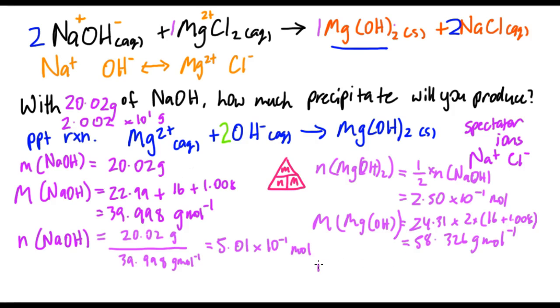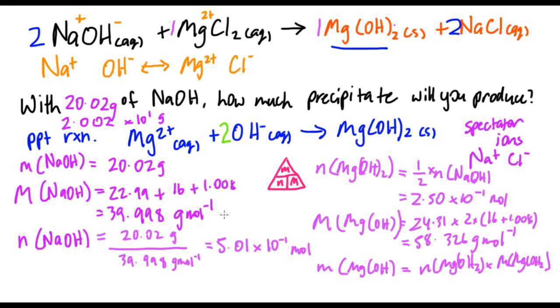So now that we know the molar mass, we can actually figure out the final mass. The final mass of our magnesium hydroxide is just the number of moles of magnesium hydroxide times the molar mass of magnesium hydroxide. Sorry for the messy writing there.